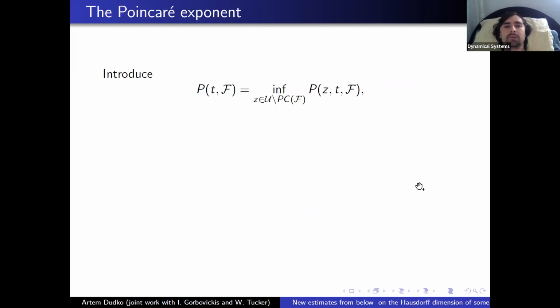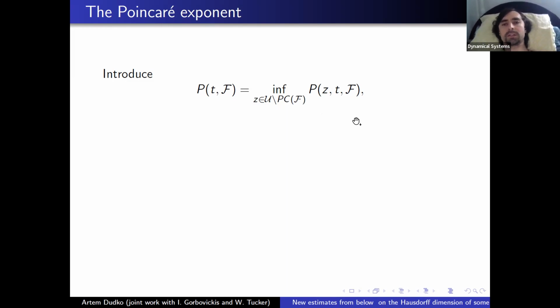And for important cases, this value P of z, t, F does not depend on z. In fact, even on larger set, it does not need to avoid post-critical set. It should avoid so-called exceptional set.